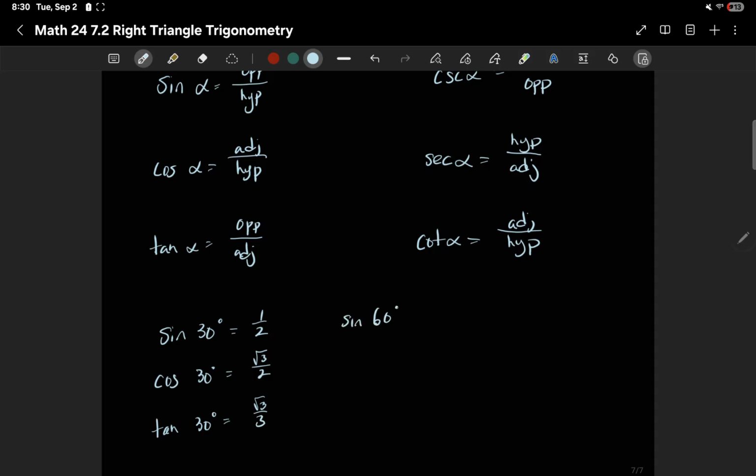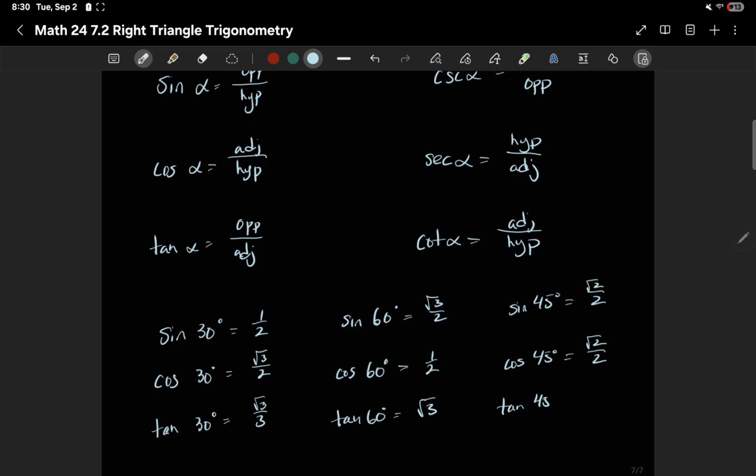Sine of 60 degrees is equal to root 3 over 2, cosine of 60 degrees is equal to 1/2, and tangent of 60 degrees is equal to root 3. Sine of 45 degrees is equal to root 2 over 2, cosine of 45 degrees is equal to root 2 over 2, and tangent of 45 degrees is equal to 1.